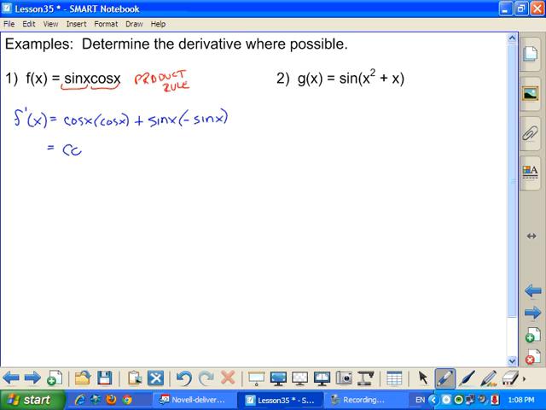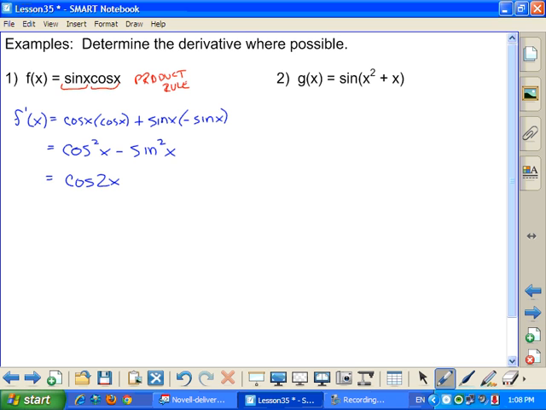And we get cos squared x minus sine squared x. And as everyone knows from their trig identity sheet, that's just the same as cos 2x. So that's just simplifying the identity. So there is the derivative of sine x cos x.